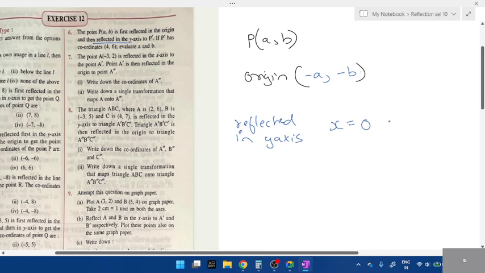All of you will respond. Which sign will change? How come y sign? Just now we told you if x is 0, x sign will change. You all are not concentrating, giving wrong answer. In y-axis, which one will change? X is 0 and if it is 0, x will change, right?